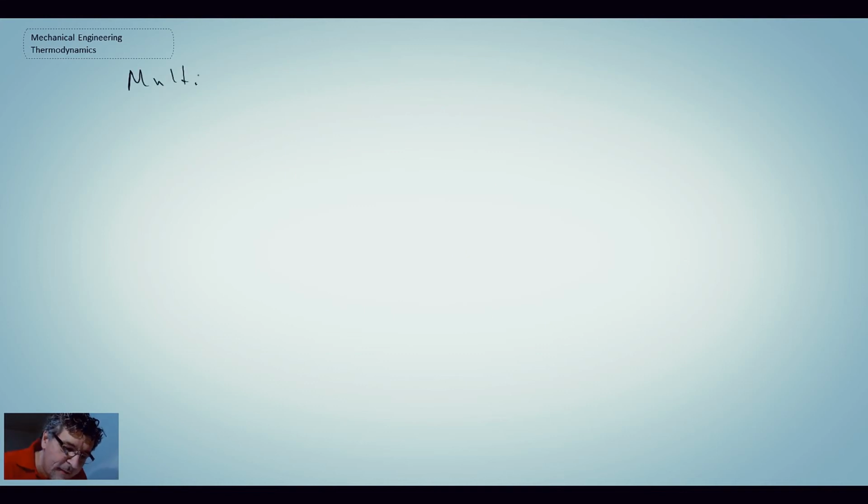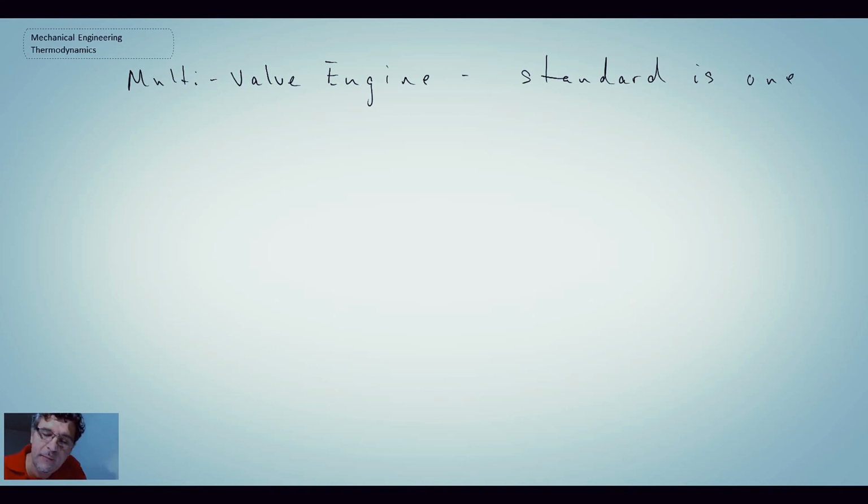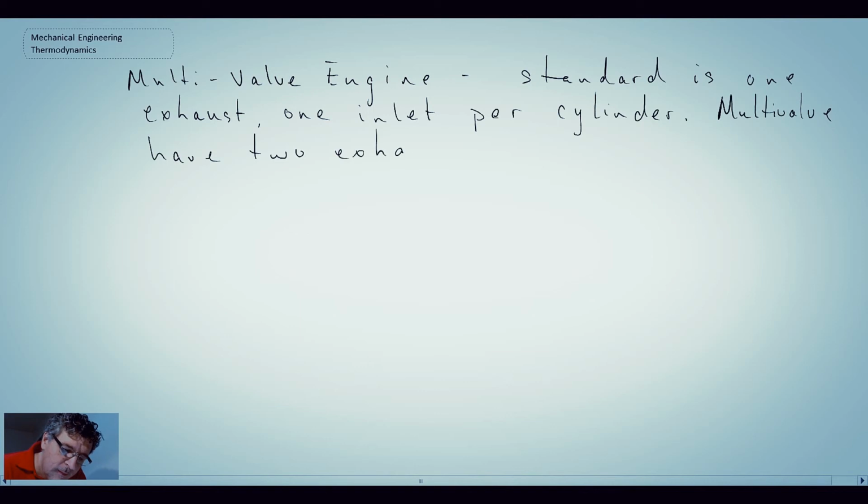Multi-valve engine. Here the standard is one exhaust, one inlet per cylinder. And what multi-valve has is two exhaust, two intake per cylinder.